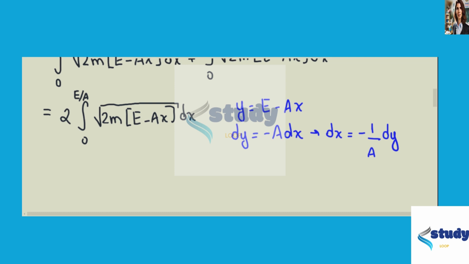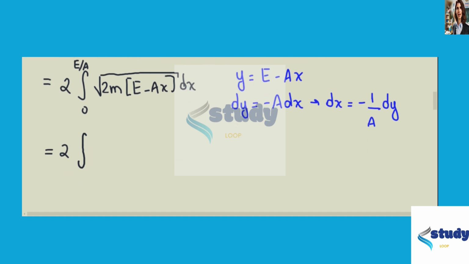Okay, so the integral becomes 2 times the integral from, notice that when x is equal to 0, y is equal to E, and when x is equal to E over A, y is equal to 0, times the square root of 2m times y, times minus dy.